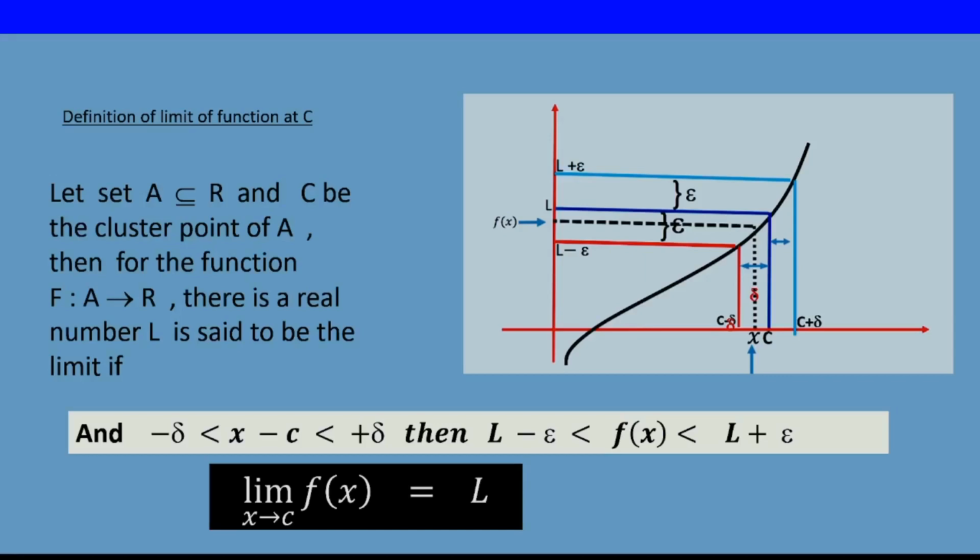Let set A be a subset of R and c be the cluster point of A. Then for the function f from A to R, a real number L is said to be the limit of the function f if x minus c is greater than minus delta and x minus c is smaller than plus delta, and f of x is greater than L minus epsilon and smaller than L plus epsilon. Then we say the limit exists at x equals c and the limit value equals L.